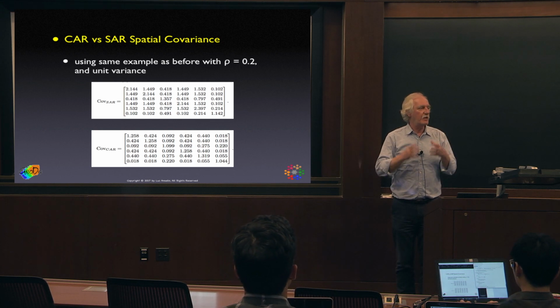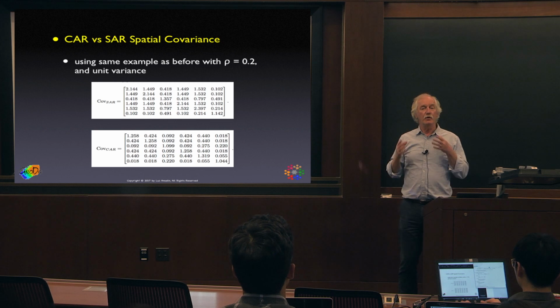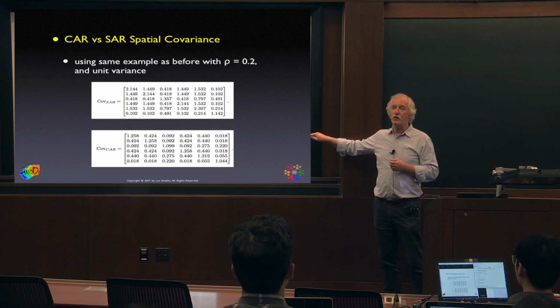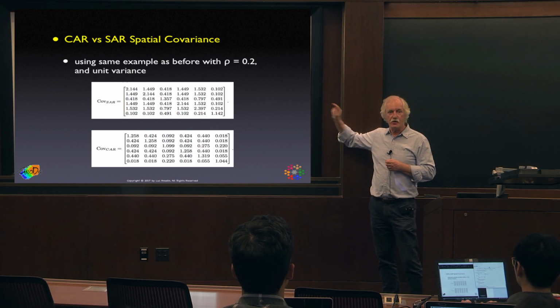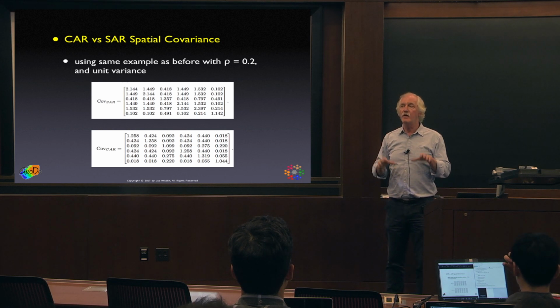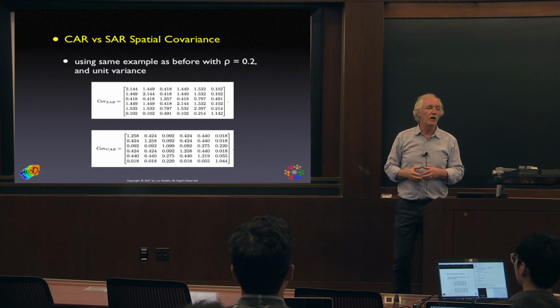And again, I'm not saying one is better than the other, but you should know that a CAR model has much weaker covariance than a SAR model. So in each empirical situation, you have to assess that, whether that is appropriate or not, right?